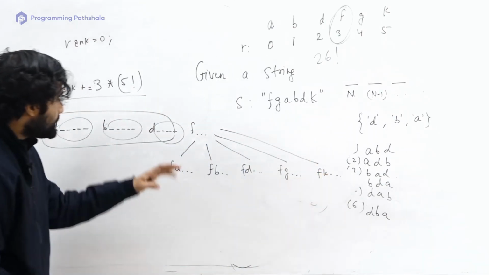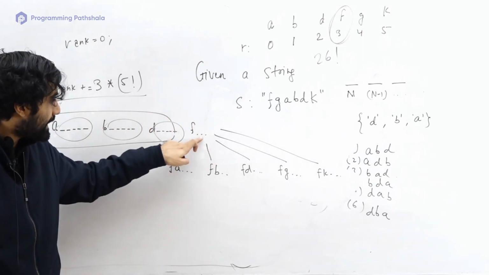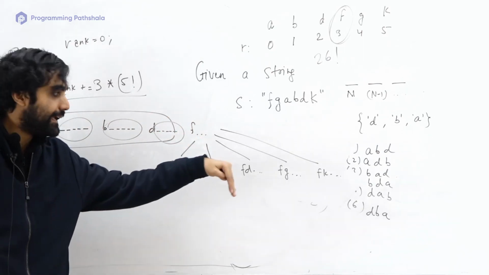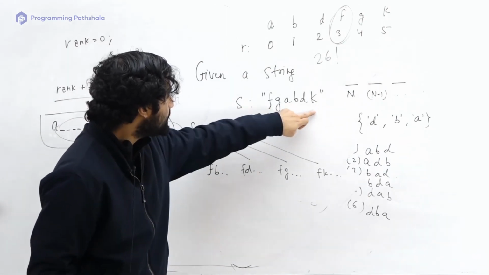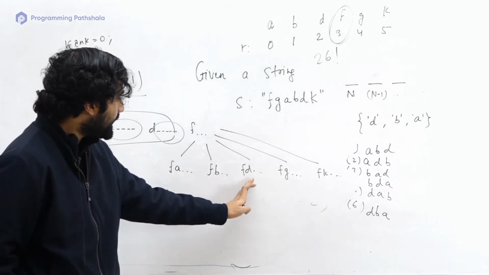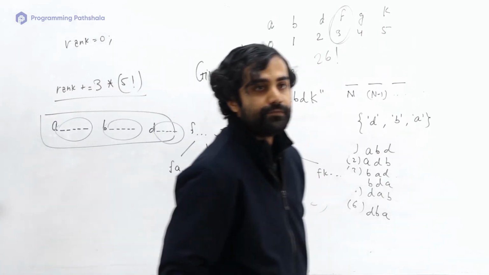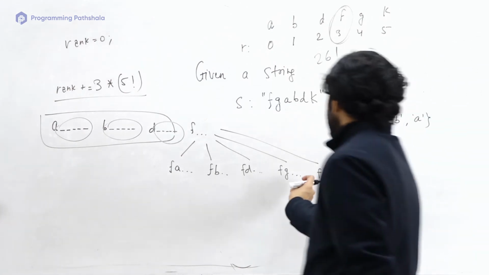You understand what I am saying? You are fixing the character for the next position one by one and saying in which family this is going to lie. Starting with FA, FB, FD, FG, FK, in which one will it lie? It starts with FG, so it will definitely lie in the family that starts with FG.